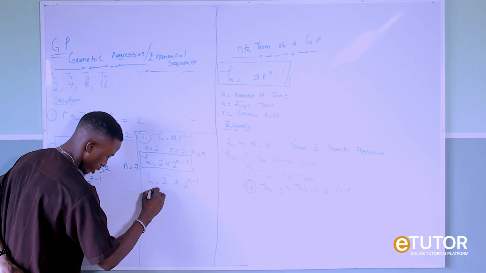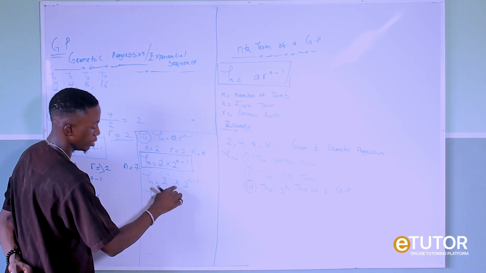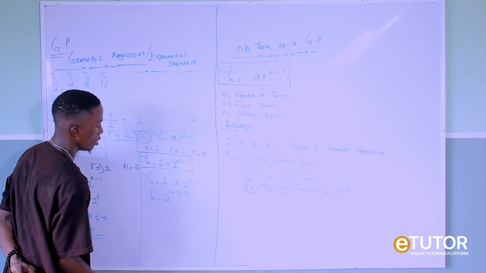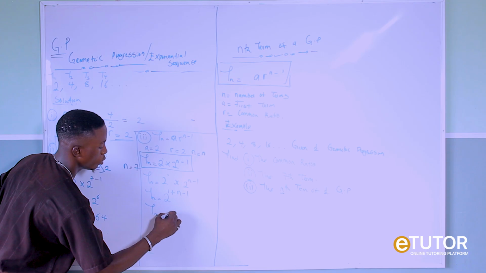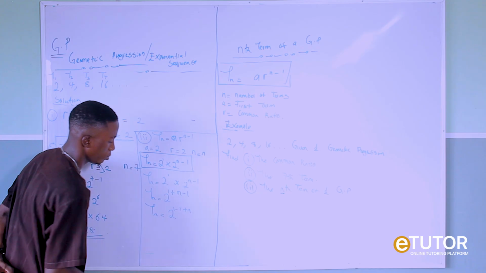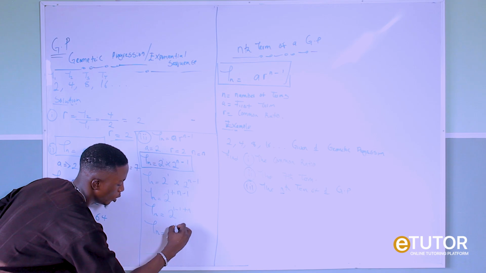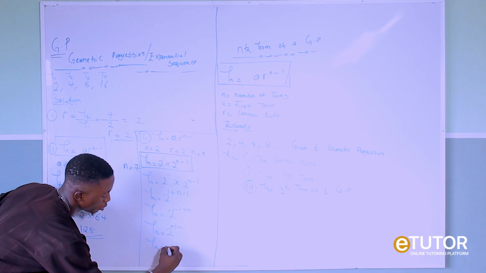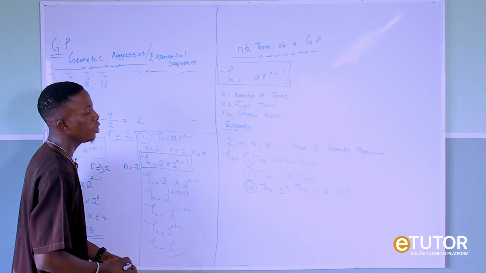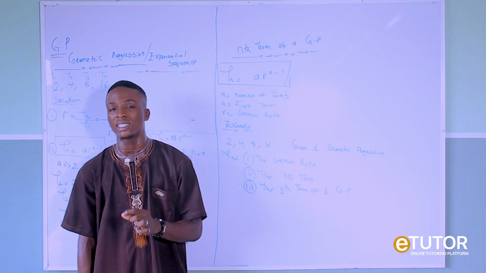From the laws of indices, this will become plus the power n minus 1. So we're going to have Tn equals 2 raised to power, when you collect your like terms, 1 minus 1 plus n. So my Tn equals 2 raised to power 0 plus n, which gives 2 raised to power n. So your nth term formula would always be in terms of n. n would always be included inside of the formula.